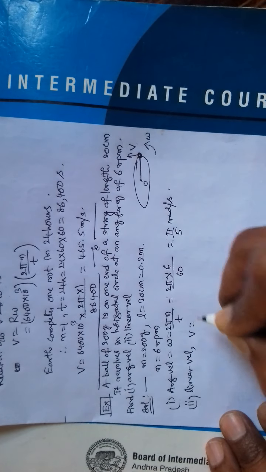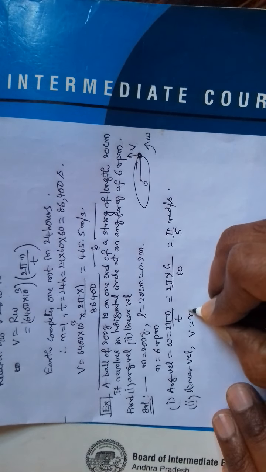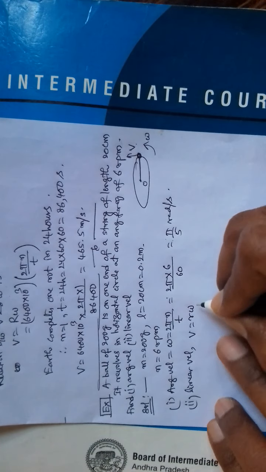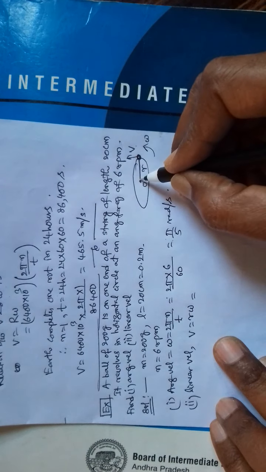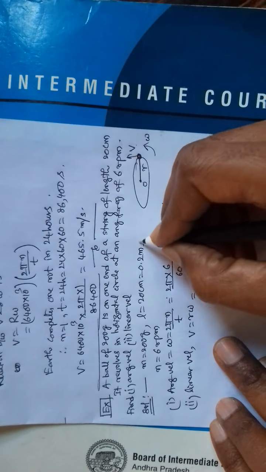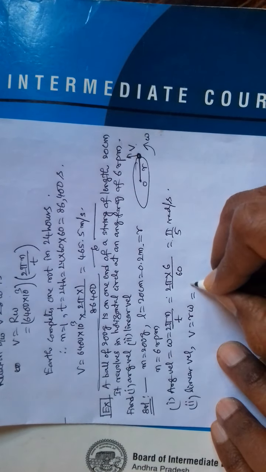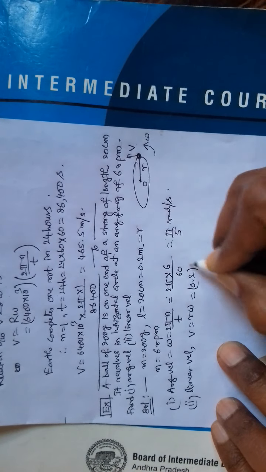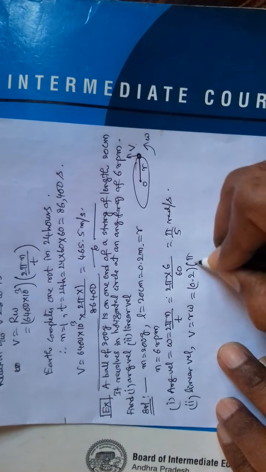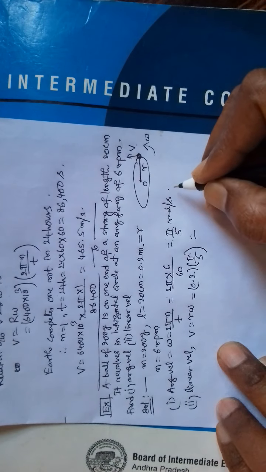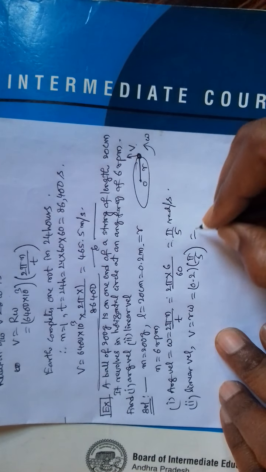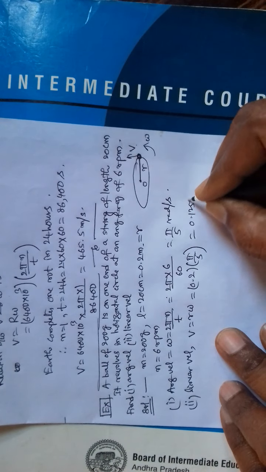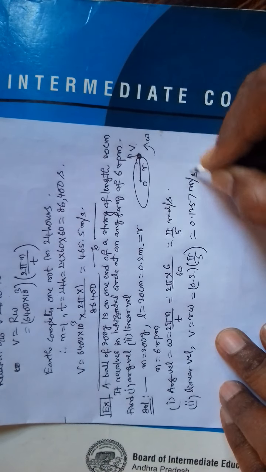Linear v is equal to r omega. See, this is r and this is the length of the string, 0.2 meters into omega value pi by 5. So that is equal to, we get 0.1257 meter per second.